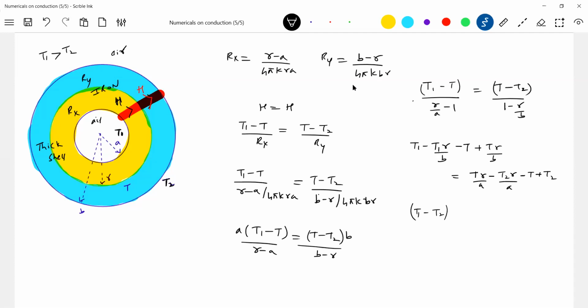T1 minus T2 is equal to... okay, one T will get cancelled here, no? Okay, fine, yeah.